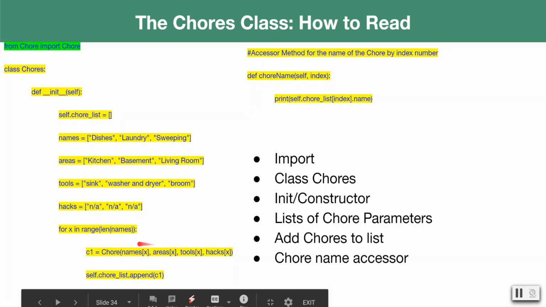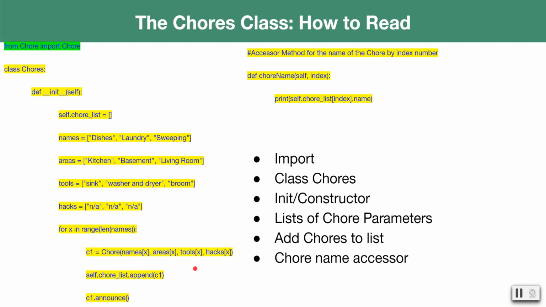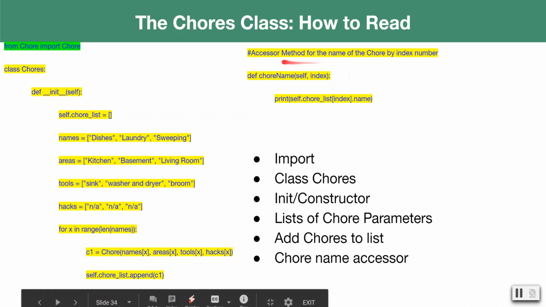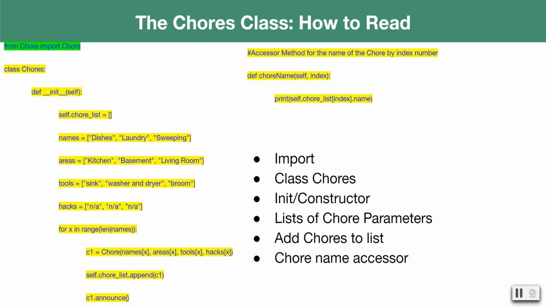Once we add those chores to the list, then we move on to our accessor, which is here, chore_name. In chore_name, it prints out the name of the chore from the argument, which will serve as the index for the list.